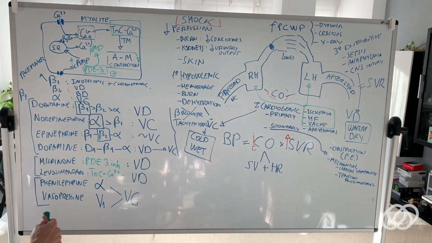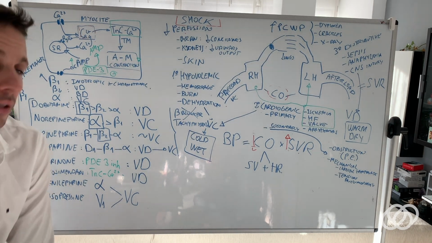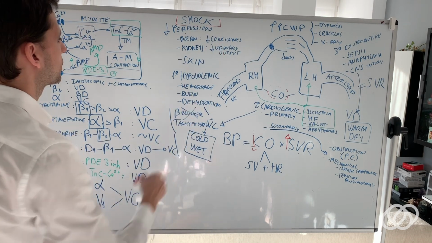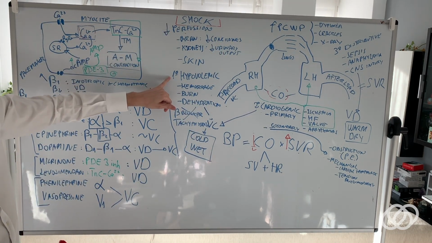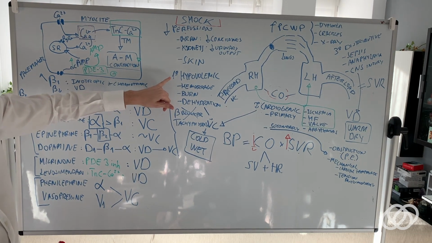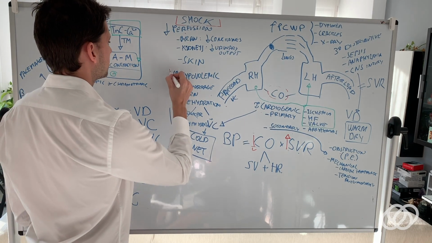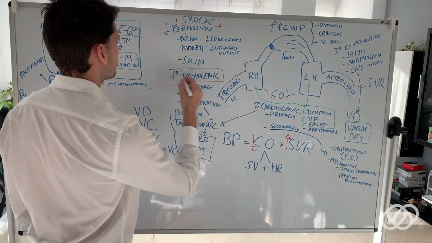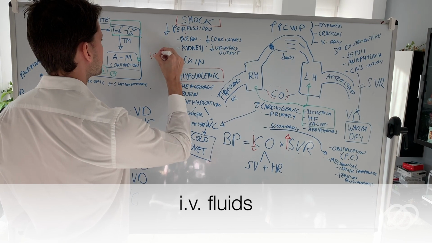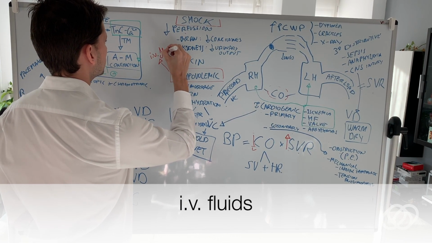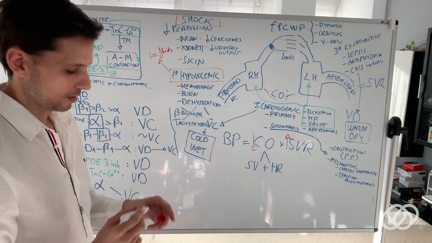So, to summarize, what can we say about the treatment of shock? Once we decide that we have a patient with shock and we have detected that this patient has, for example, a hypovolemic shock, the treatment will be to give IV fluids and try to correct any of those causes.